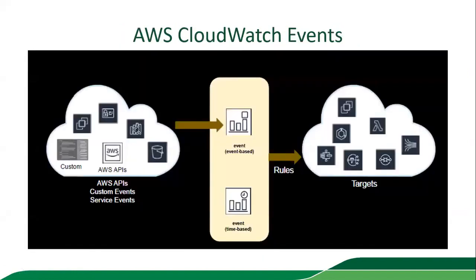Now we also have CloudWatch events. CloudWatch events help us create automated rules. You can have AWS services, multiple AWS APIs, and custom events, and send all those events to CloudWatch. In CloudWatch events you can create automated rules to define what actions to perform if those events occur.